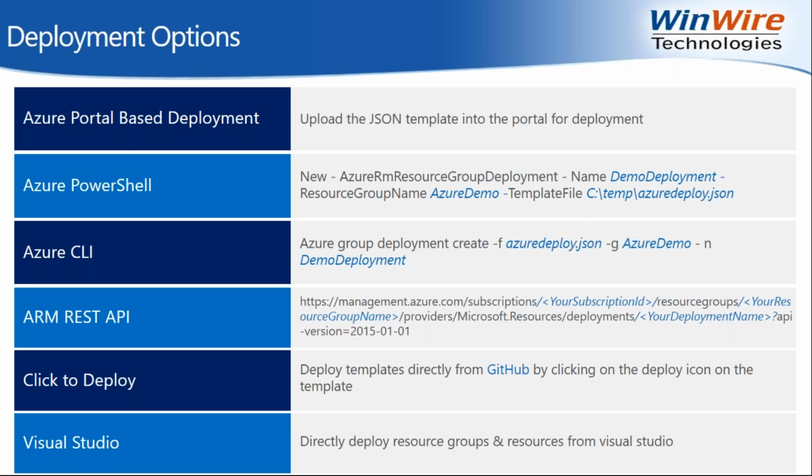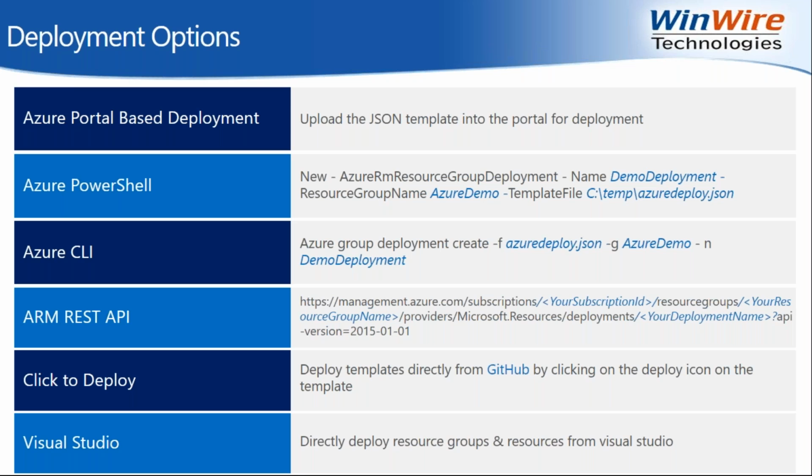Azure CLI, if you're using any Linux or Macintosh-based machines, and if you have Azure CLI, we could use the Azure group deployment create command, followed by the JSON file, followed by the resource group name, and also followed by the name of the deployment. So by providing the name of a deployment, we could actually track it on the portal and see how the deployment has actually progressed, if there's any errors or if there's any problems with the deployment.